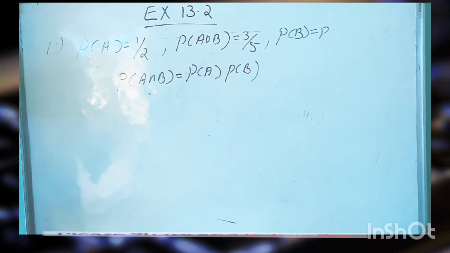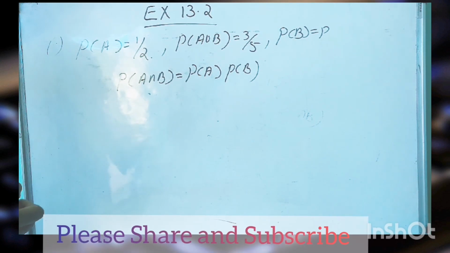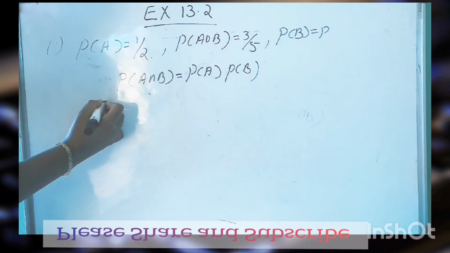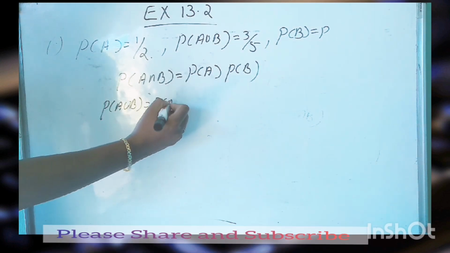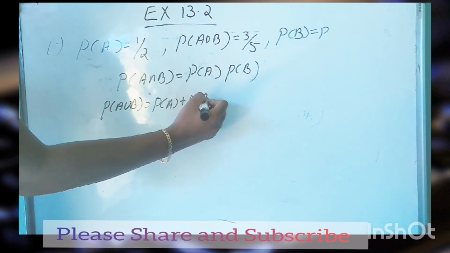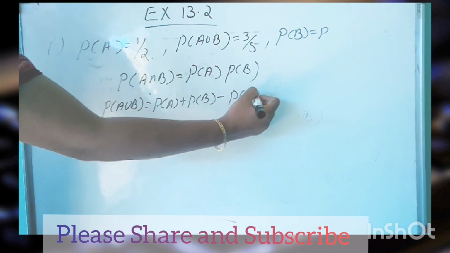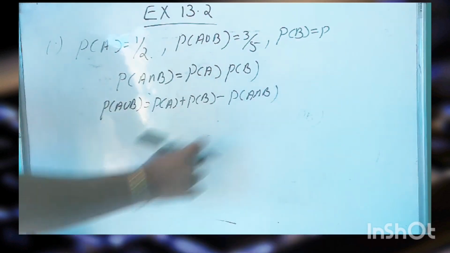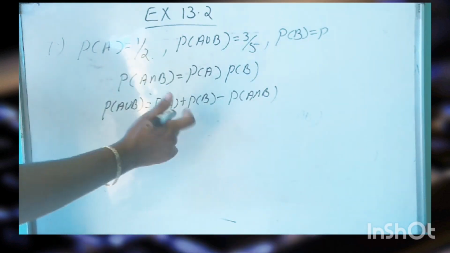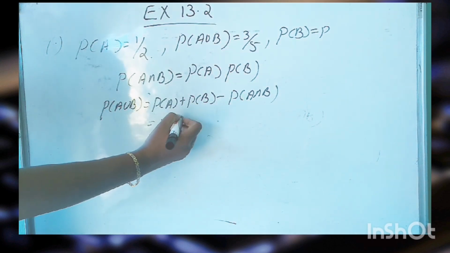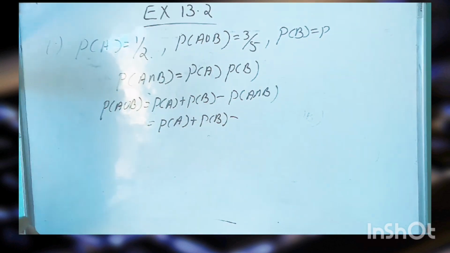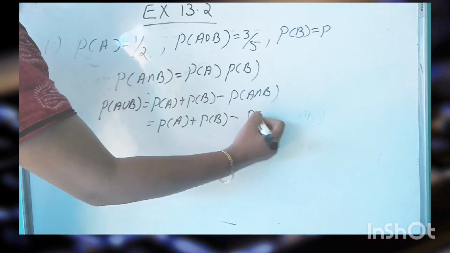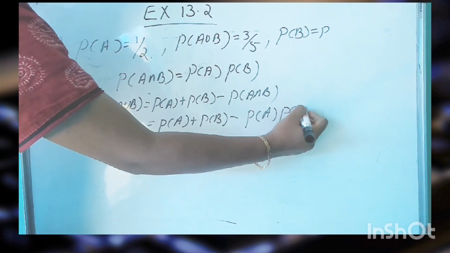Now P of A union B is equal to P of A plus P of B minus P of A intersection B. Now we are going to replace that A intersection B by P of A into P of B. P of A plus P of B minus P of A into P of B.